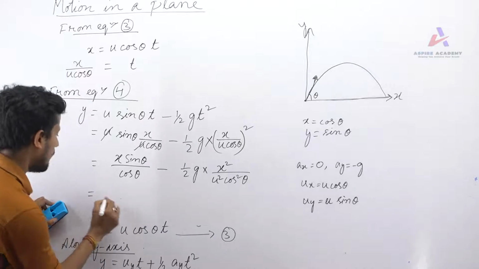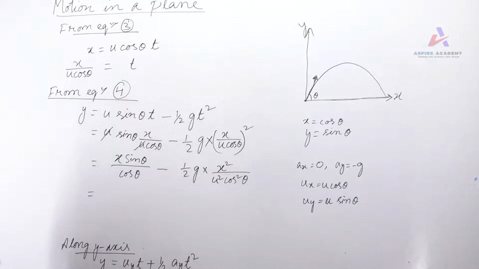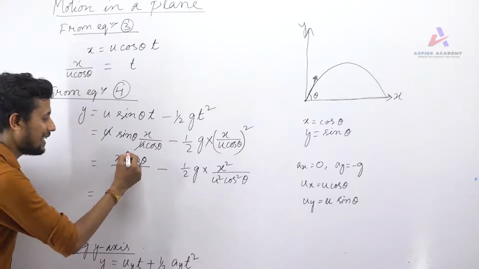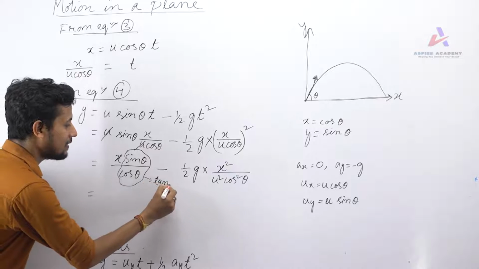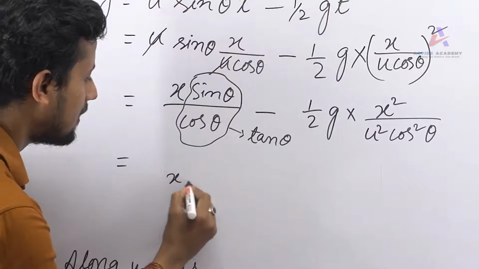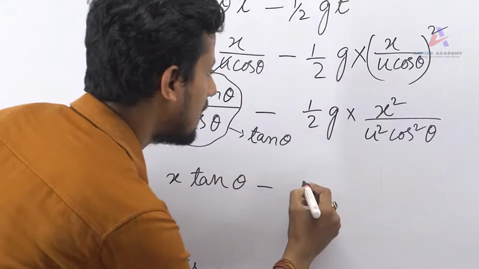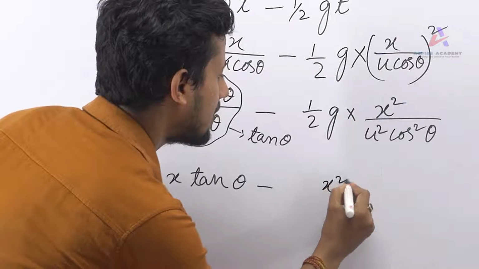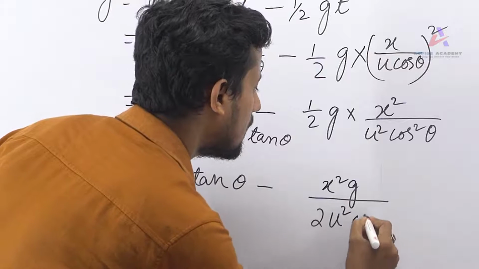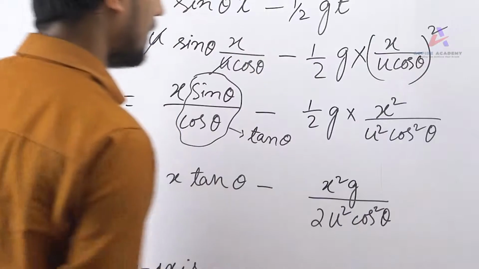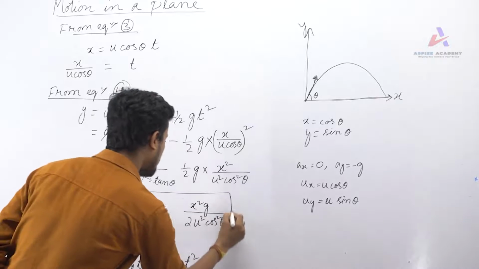And from basic trigonometry from class 10, we know that sin theta by cos theta gives us tan theta. So we can write this as x tan theta minus x square g by 2 u square cos square theta, which is the equation of a parabola.